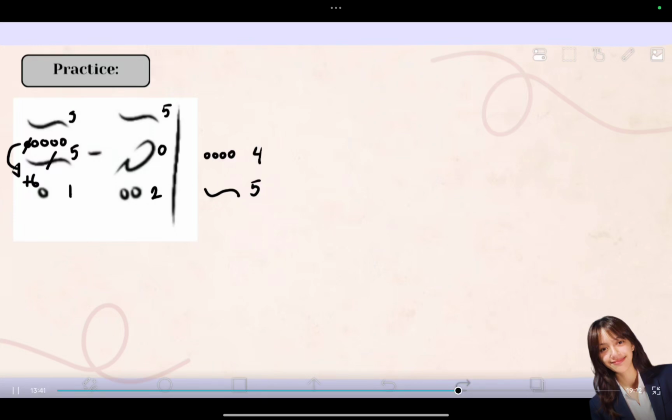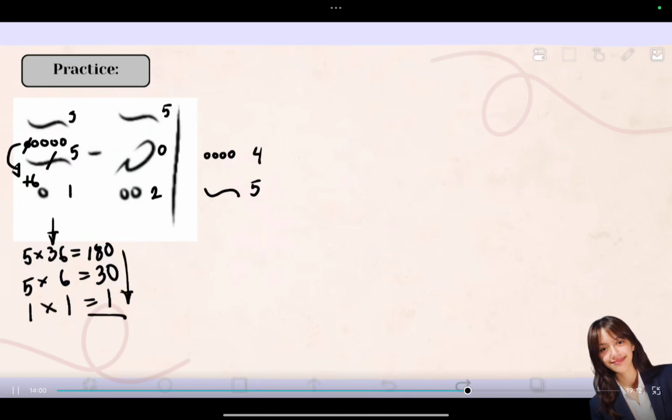Tapos ngayon, i-check naman natin if tama talaga yung nasagot natin. Paano nga ulit? I-multiply lang natin siya sa place value niya. Just like this. Now we will add this 3. We will get 211.